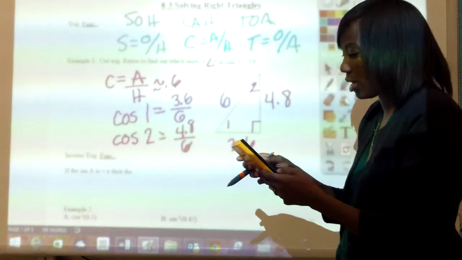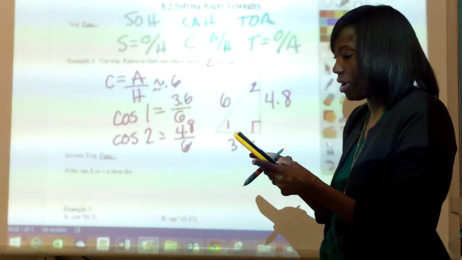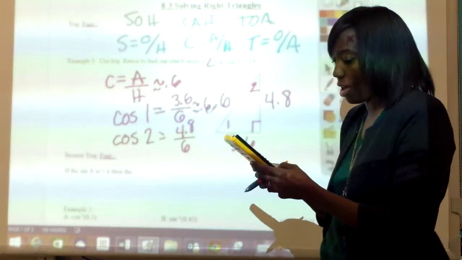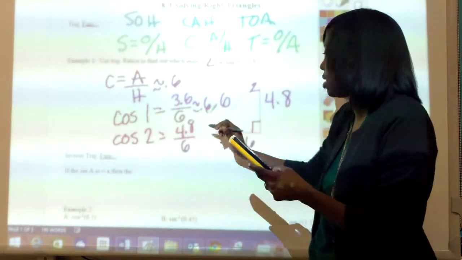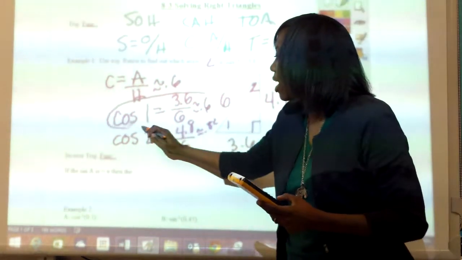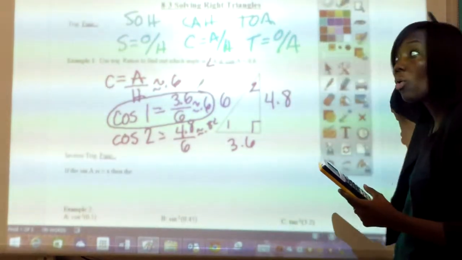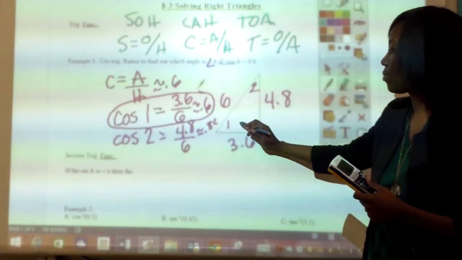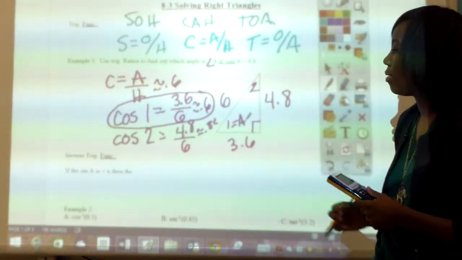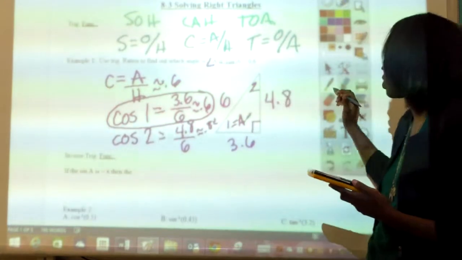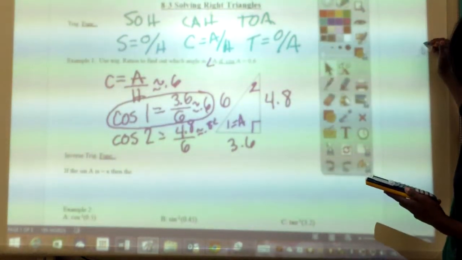Type both of those in our calculator. 3.6 divided by 6 is equal to 0.6, and 4.8 divided by 6 is equal to 0.8. So the answer is angle 1. Angle 1 is angle A. And so we found out which one was the one that's 0.6.